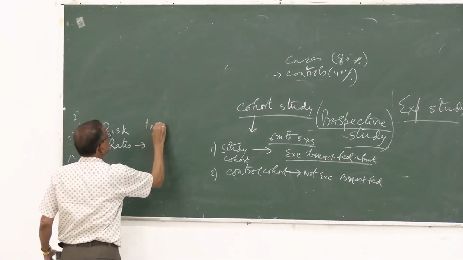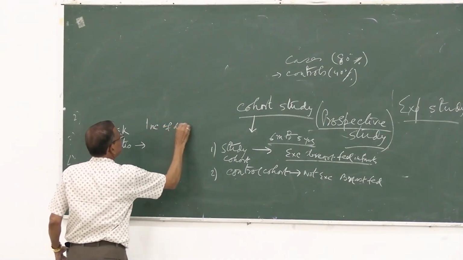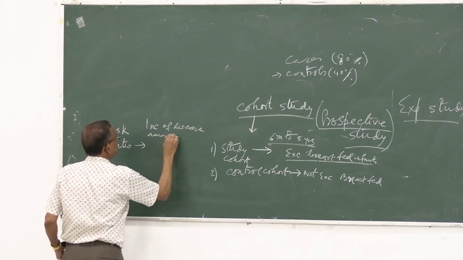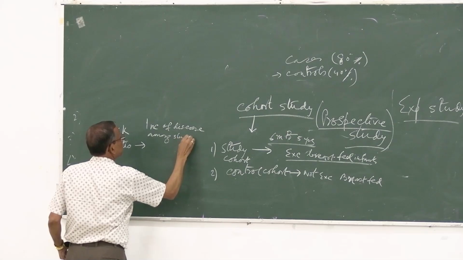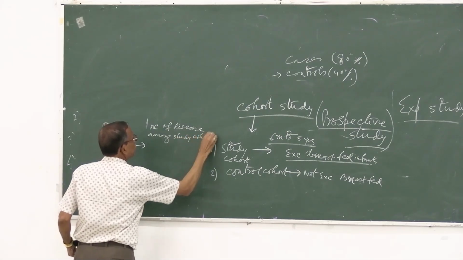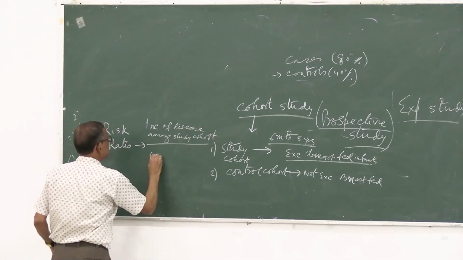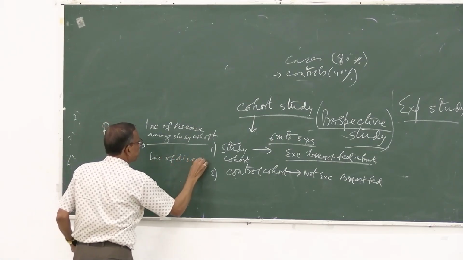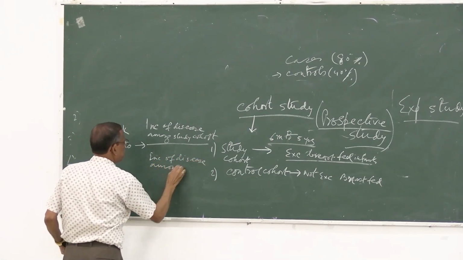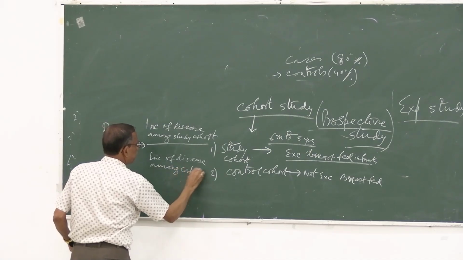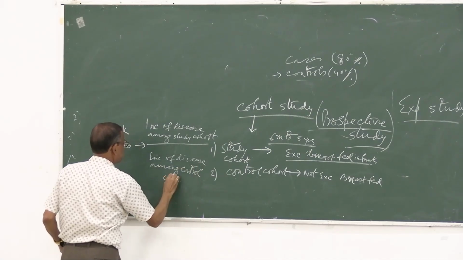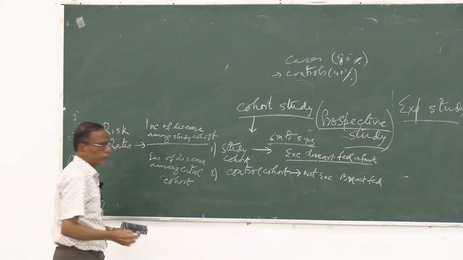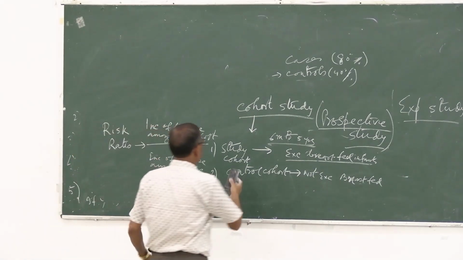Incidence of disease among the study cohort and incidence of disease among the control cohort. Clear?